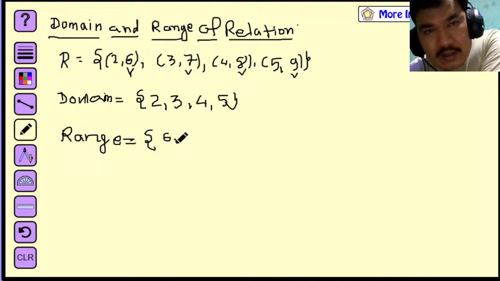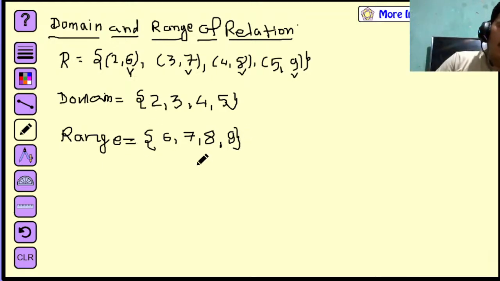Next one is 7, next is 8, and next is 9, right? This set of the relation is known as range. Like this we have to define domain and range. I hope you are clear about this. Domain became 2, 3, 4, 5, and range became 6, 7, 8, 9.